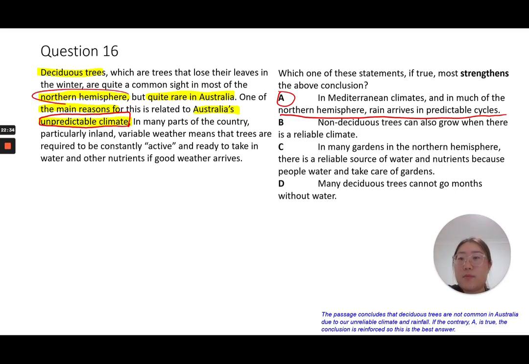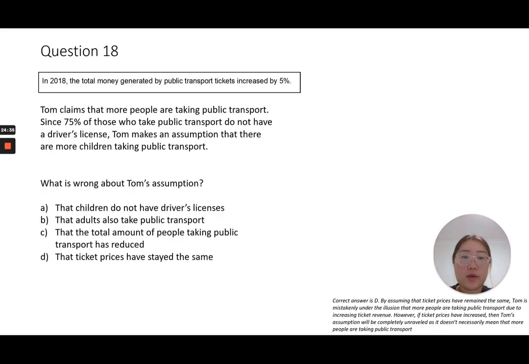As I said, they are common in the Northern Hemisphere, and we can infer that it's because they have predictable weather, unlike Australia. So A directly links to this conclusion very well with 2 main linking points, so that's why it is the best answer.